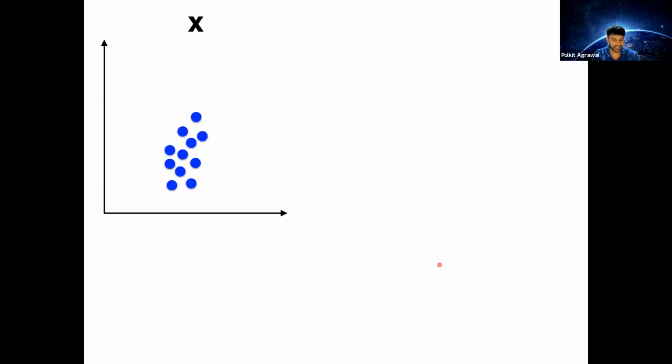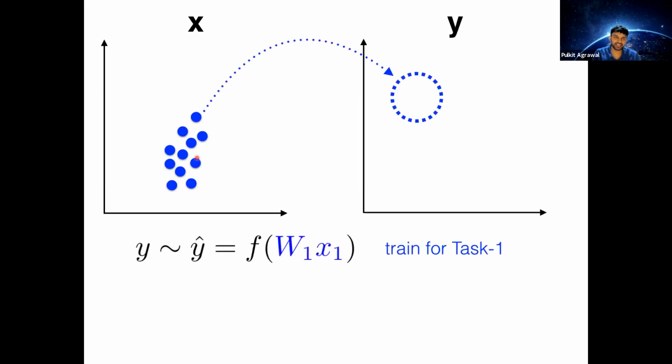So, to illustrate it more mathematically, suppose I have my dataset X and I'm trying to map it to the label space Y, and suppose the label space Y is given by this circle. So I've trained my parameters W1 for task one.